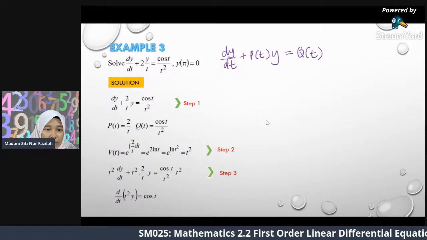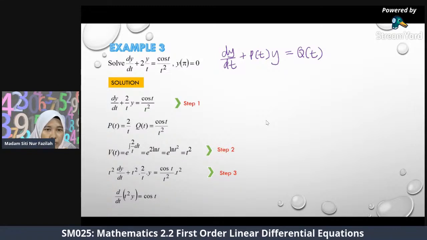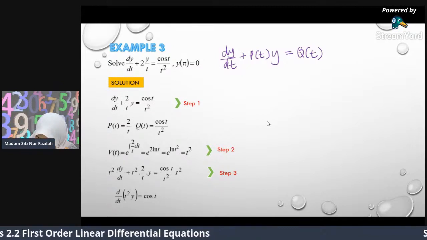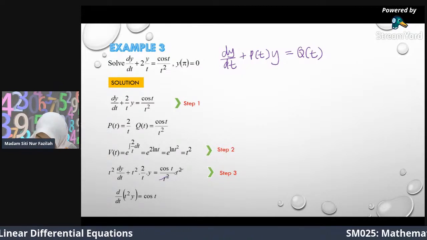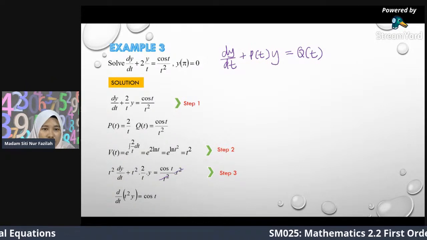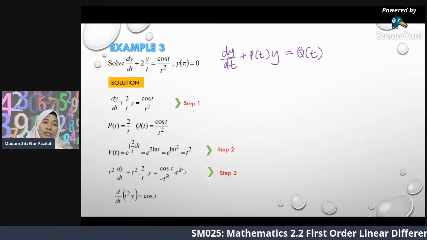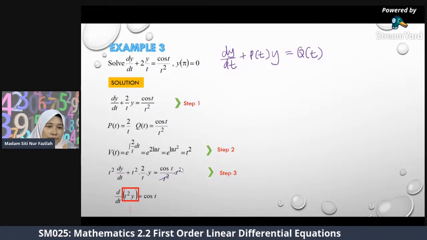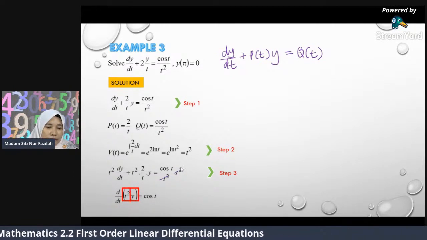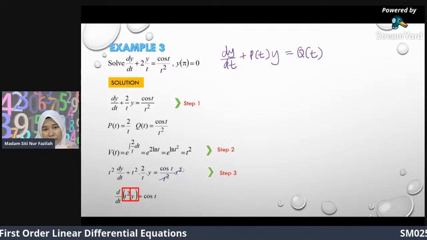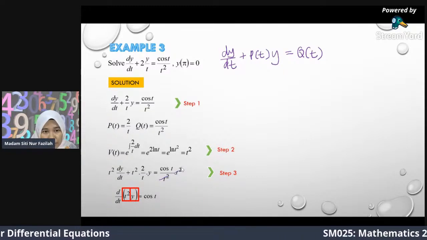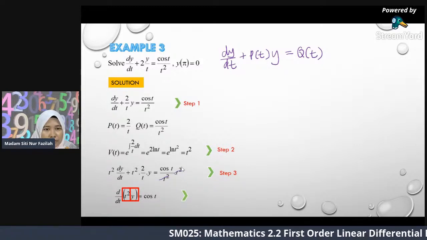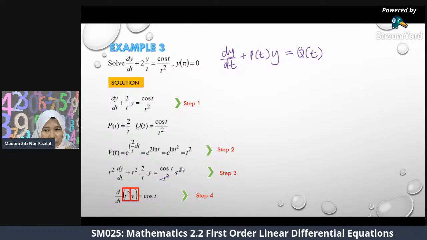That's why we get t square y equal to cos t. Why did we get cos t here? Because we cancelled t square in step 3, so we get cos t only. In the red box, we must put v(t)y. Settled for step 4.